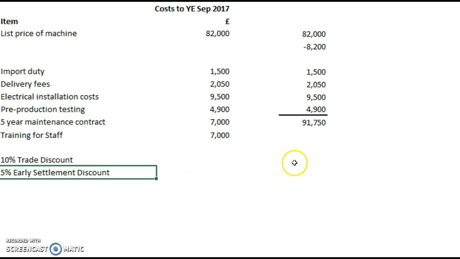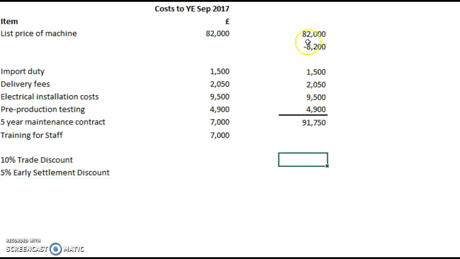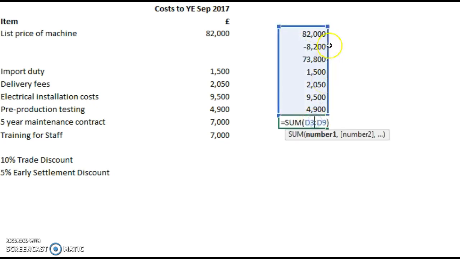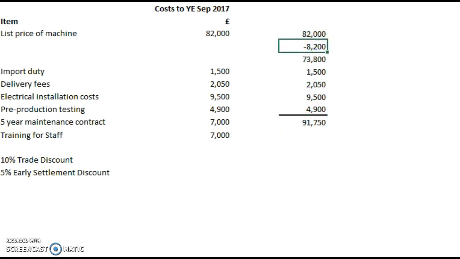What about our early settlement discount? Well, early settlement is not capitalized. This just comes off the list price, and if we add those two together, it comes to 73,800. That becomes our final holding value, or our net book value, for any depreciation costs. So that is the cost to the business.